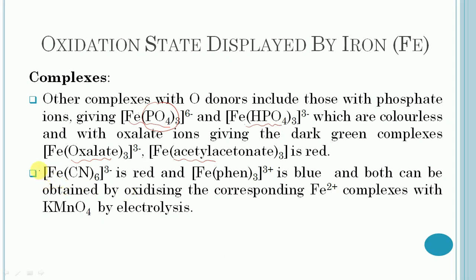The complex with this formula having 6 cyanide ligands is red, and with 3 phenanthroline with this formula is blue, and both can be obtained by oxidizing the corresponding iron 2 positive complexes with potassium permanganate or by electrolysis. So it is all about the oxidation state of iron 3 positive complexes.